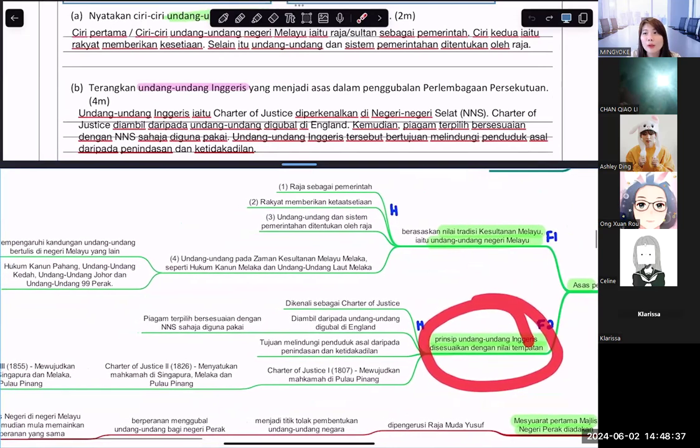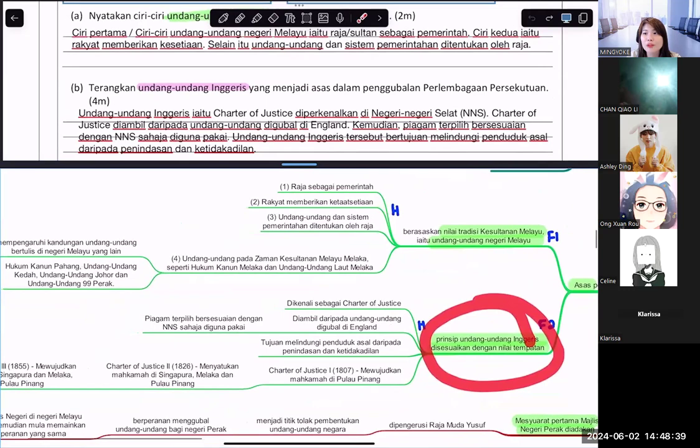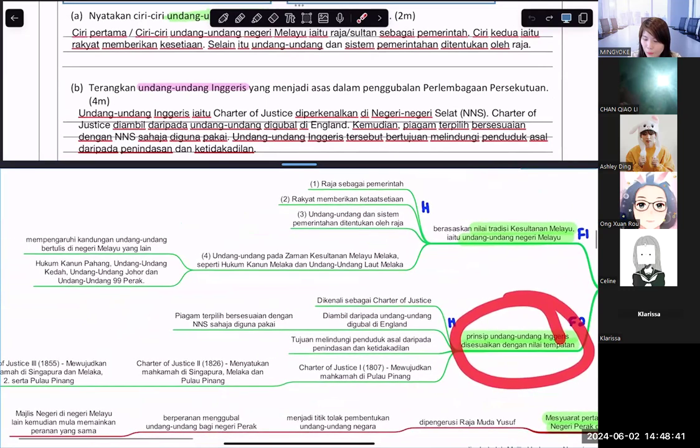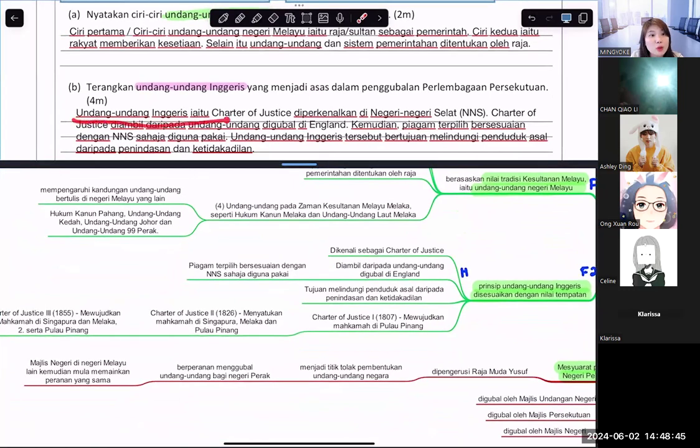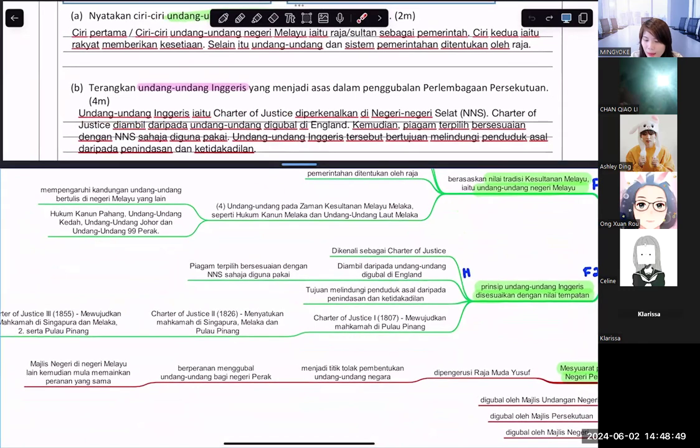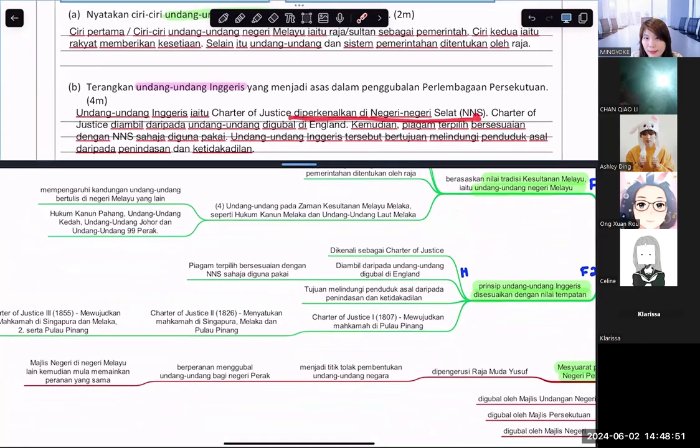Okay, now, so according to our undang-undang English, first of all, we have undang-undang English yaitu Charter of Justice. Diperkenalkan di negeri-negeri Selat. Okay, guys, some teacher, they prefer you to write the long name.